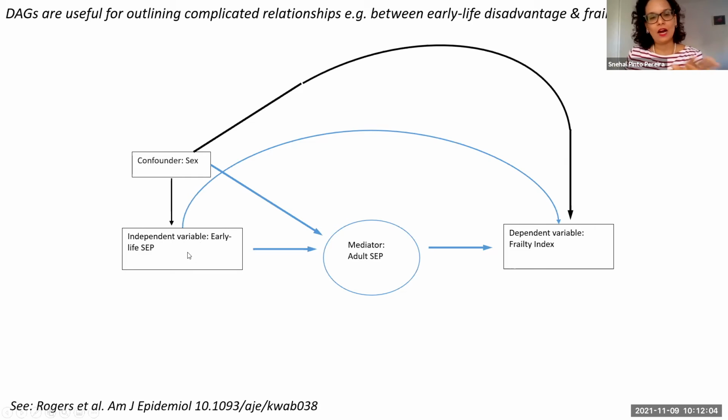Essentially, we were interested in how early life SEP affects frailty in adulthood at 50. And we thought, well, you can have this direct effect of early life SEP on frailty, or you can have this effect of early life SEP that continues into disadvantage in adulthood, which then affects frailty.